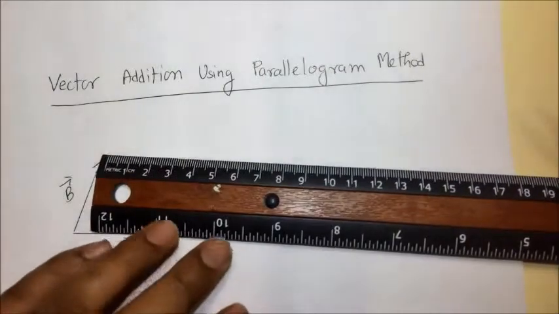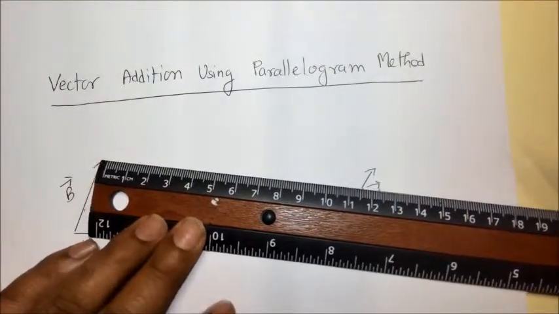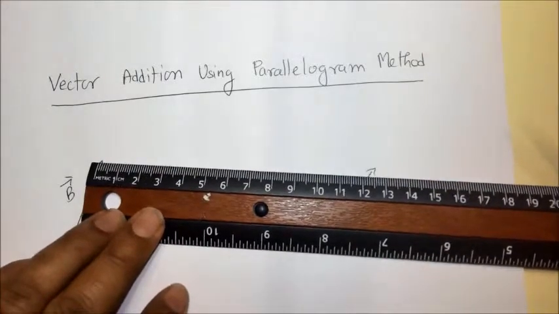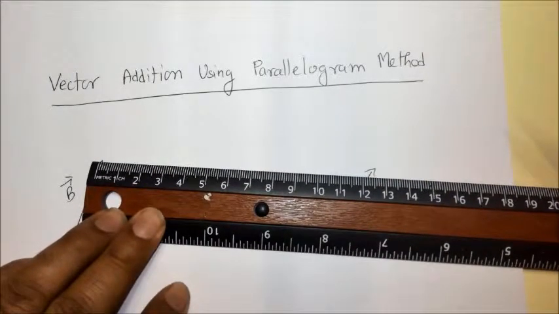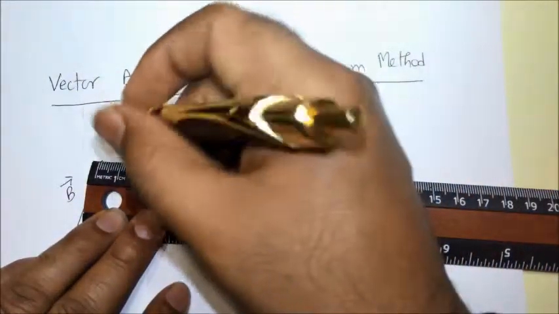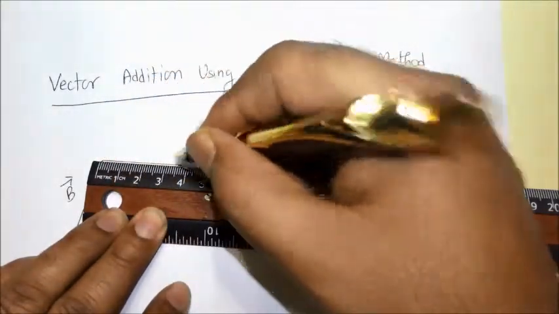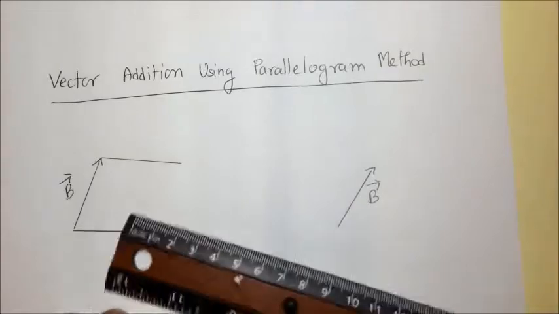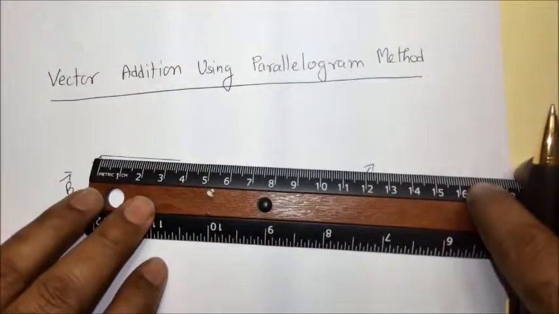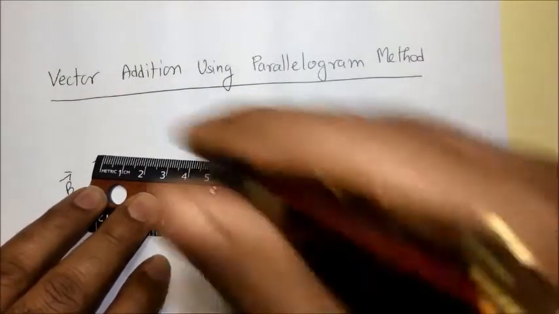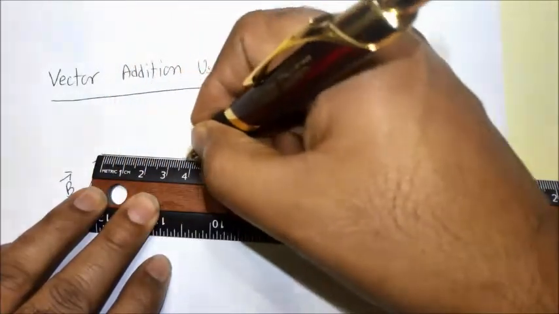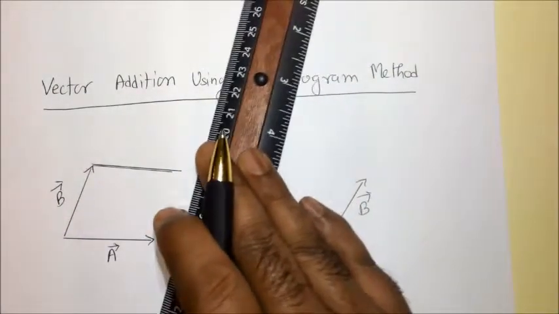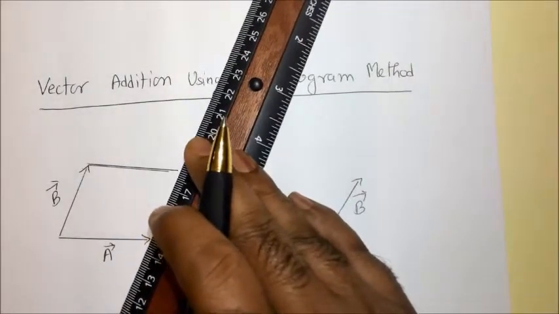Here you draw a vector parallel to vector A. Okay, it has to be the same length as A. Then you draw B over here.